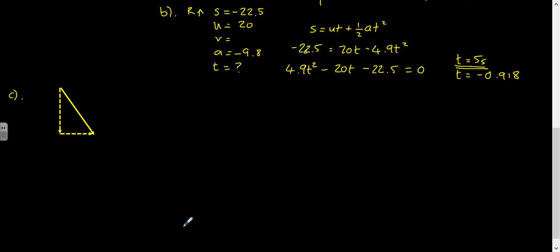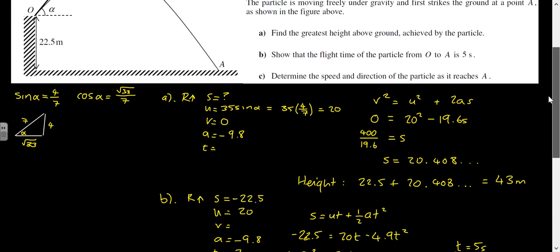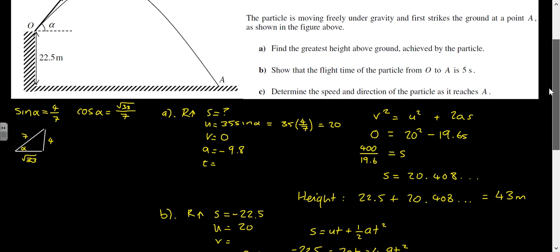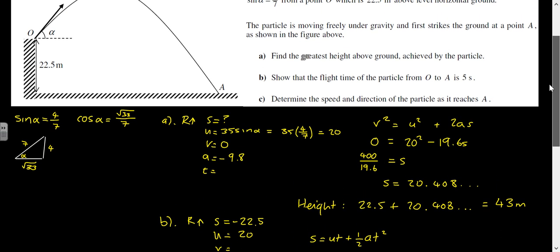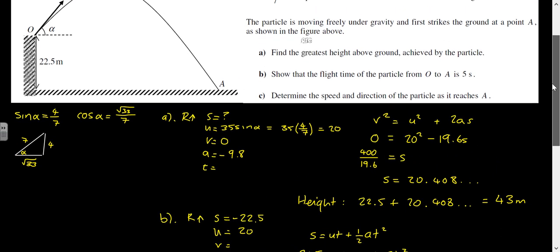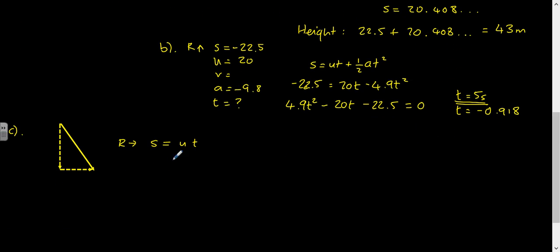So let's do that. We can do the horizontal one quite straightforward first. We're just using the fact that distance equals speed times time. So if we put in what we know, it's 5 seconds is the time, and the initial speed is going to be 35 cos alpha.